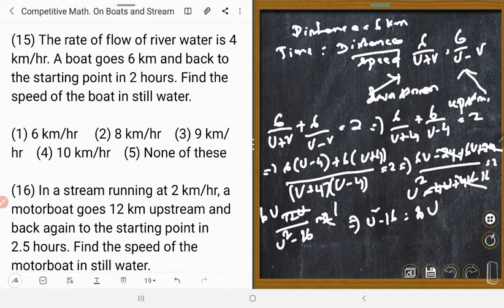Right. Implies that u square minus 16 minus 6u is equal to 0. Okay, we shall do it.